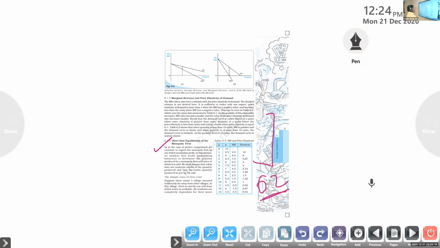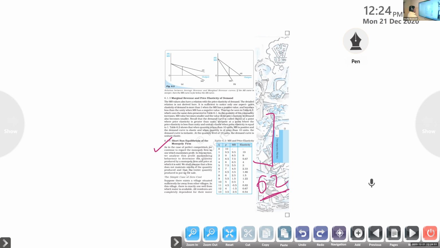6.1.4. As in the case of perfect competition, we continue to regard the monopoly firm as one which maximizes profit. So the monopoly firm is always trying to increase the profit, to maximize the profit. The firm is doing business, producing the product and selling it in the market, only for maximizing the profit.